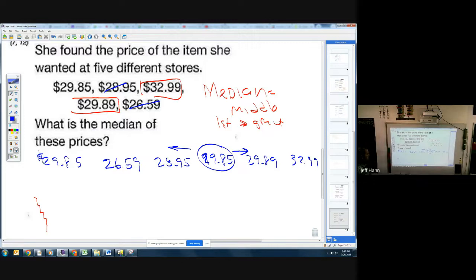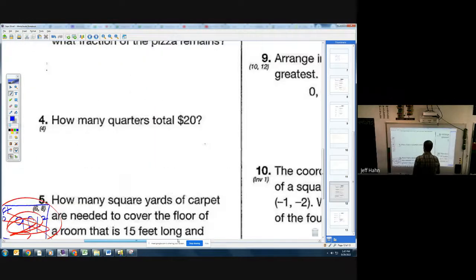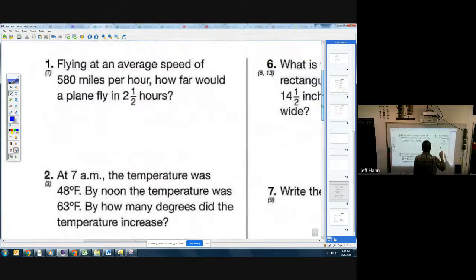Sam. I don't understand why I got number 1 wrong. Like, I know I did it wrong, because I did. But you just don't know why you did it wrong. I think I did the right thing. I just did it wrong. Flying at an average speed of 580 miles per hour, how far? Did you draw yourself a little picture?